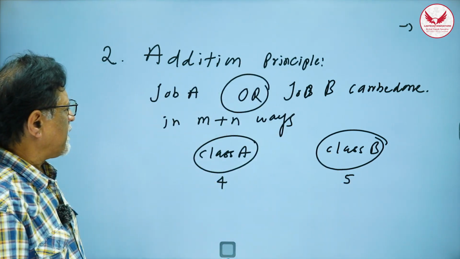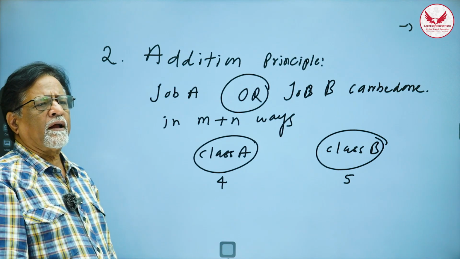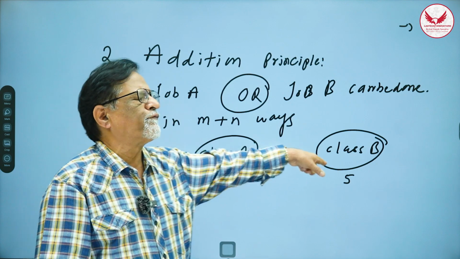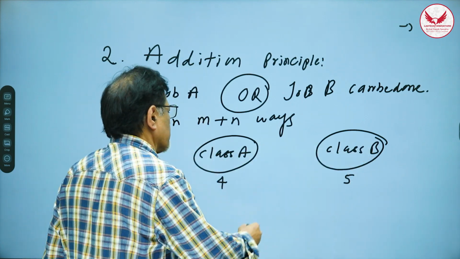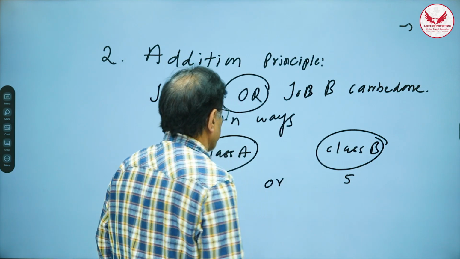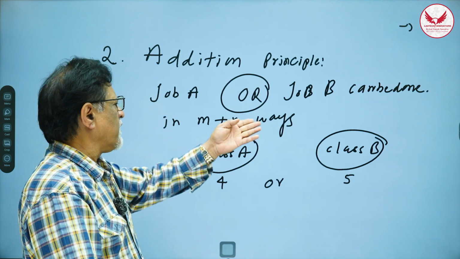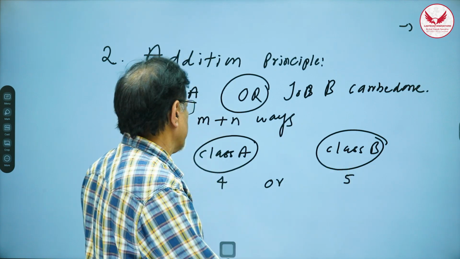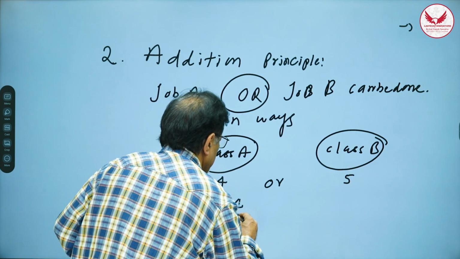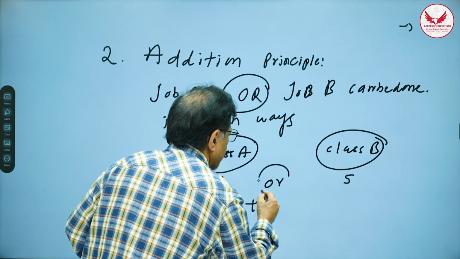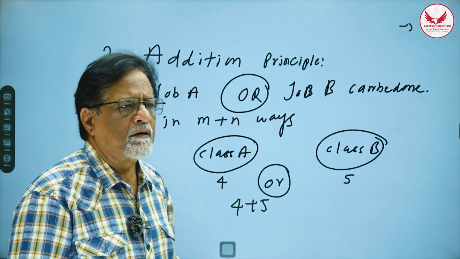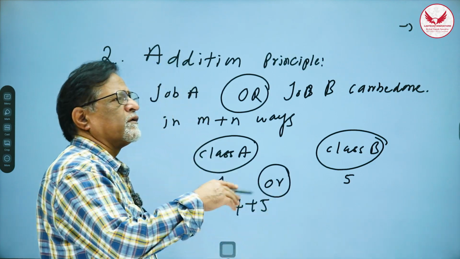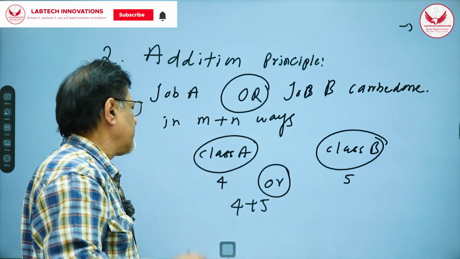And if I ask you, go and select just one student either from class A or from class B. So you'll go to class A and you can select any one of the 4, or you will go to class B and you'll select any one of the 5. So the total number of alternatives you have is 4 plus 5, provided the 2 jobs are connected with each other by the word or. So whenever there is a word or between the 2 jobs, A or B, then addition.